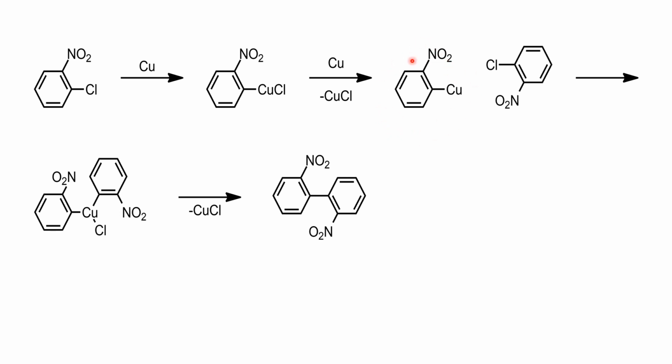This is the first step. This active copper species further reacts with another molecule of nitro substituted aryl halide. So we should get an oxidative addition product which undergoes elimination to form the final product.